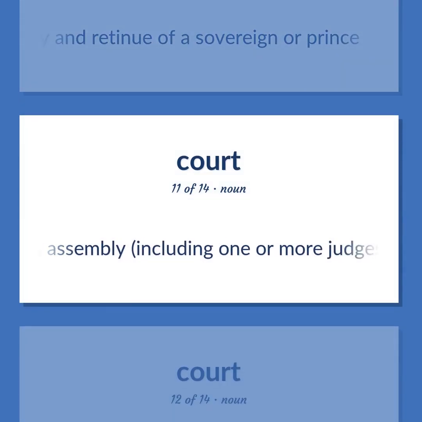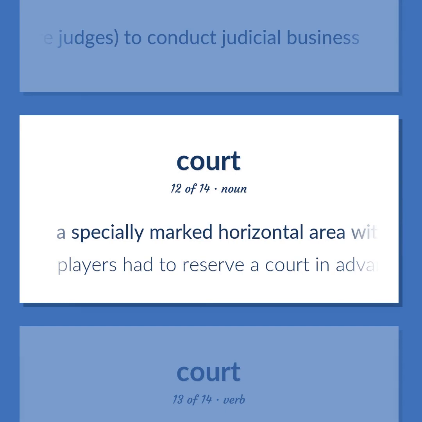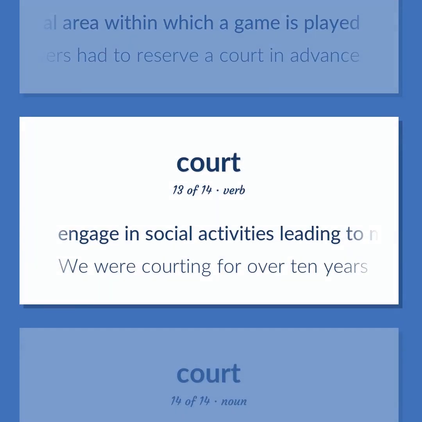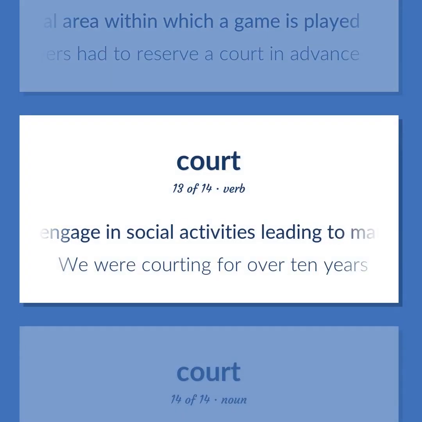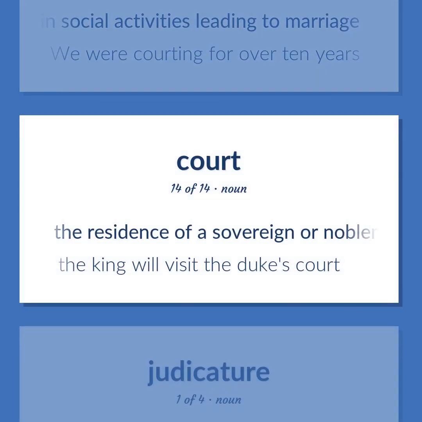A specially marked horizontal area within which a game is played. Players had to reserve a court in advance. Engage in social activities leading to marriage. We were courting for over 10 years. The residence of a sovereign or nobleman. The king will visit the duke's court.